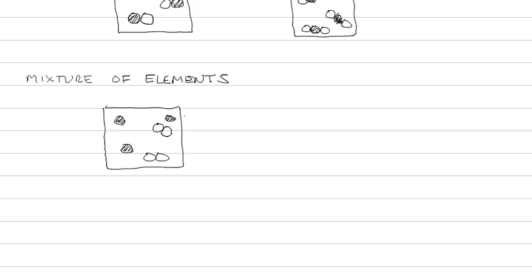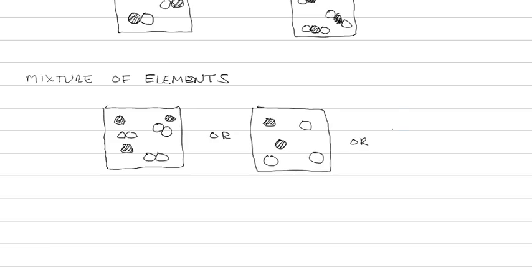But you have to recognize a picture of a particle diagram that in this case is a mixture of elements, one diatomic and one not. Or it could be a mixture of monatomic, or it can be a mixture of diatomics.